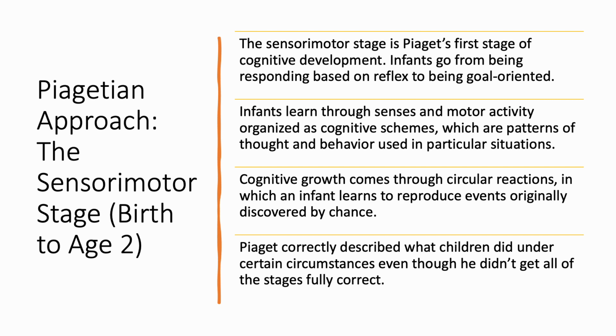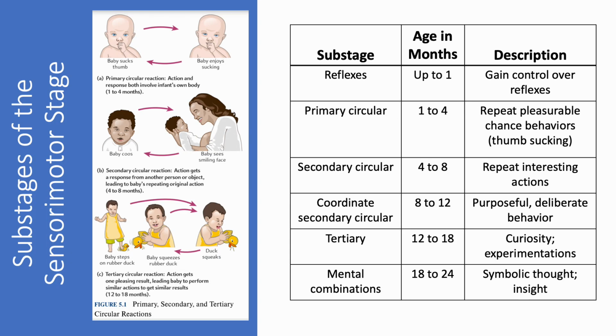Piaget correctly described what children did under certain circumstances, even though he didn't get all of the stages fully correct. Let's take a quick look at the stages. There are substages of the sensorimotor stage.